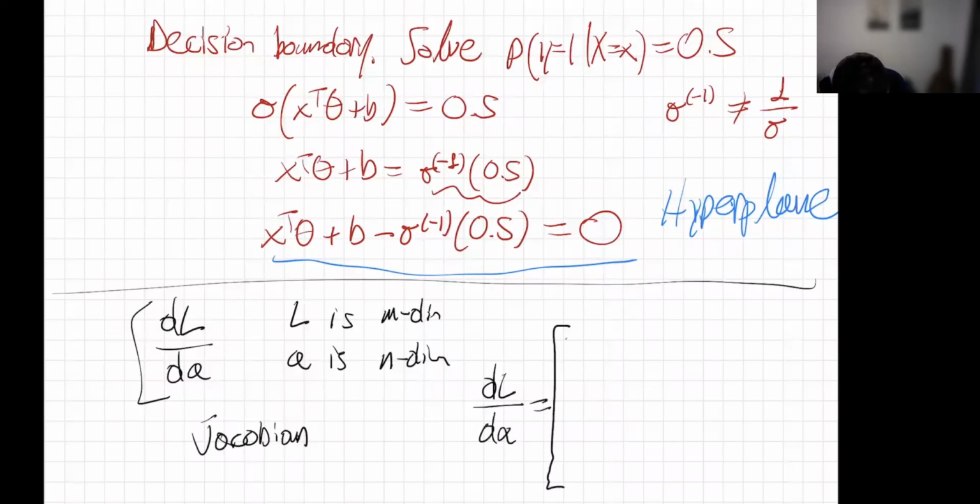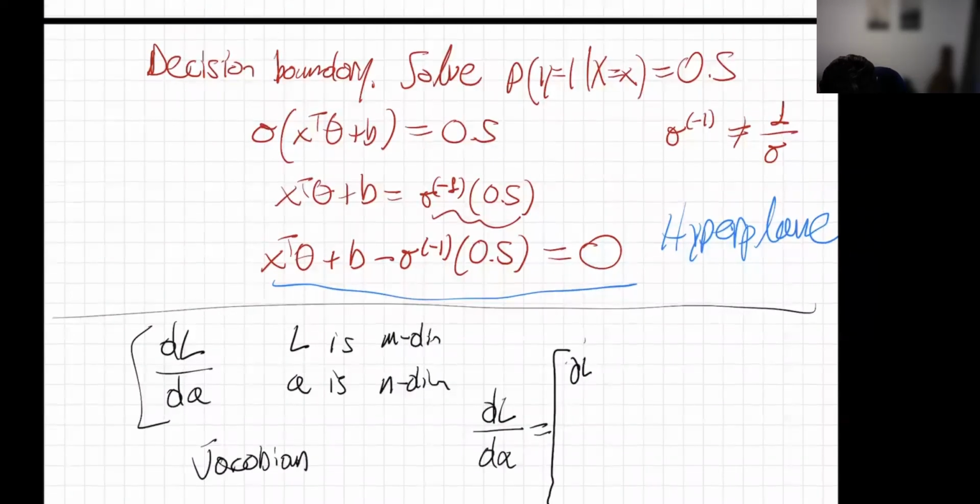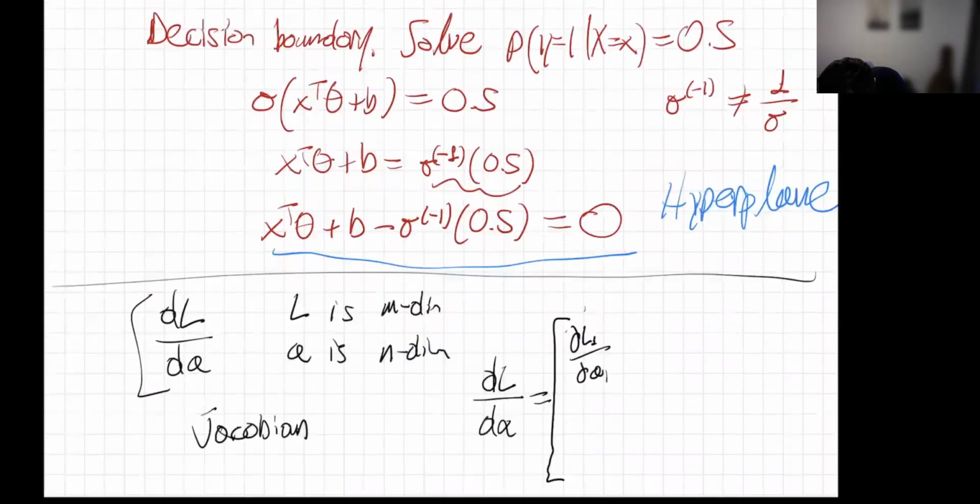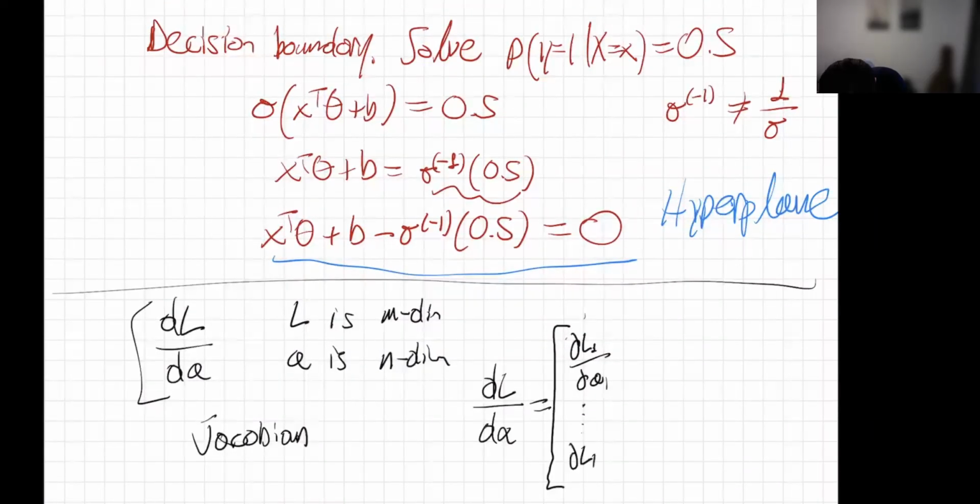You take the partial derivative. Let me make sure I get this right. L1 with respect to A1, sorry, A1, L1 with respect to AN, and then L, we said M, with respect to A1, partial derivative M, partial derivative AN.